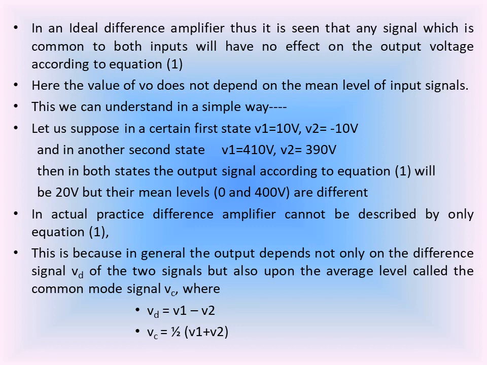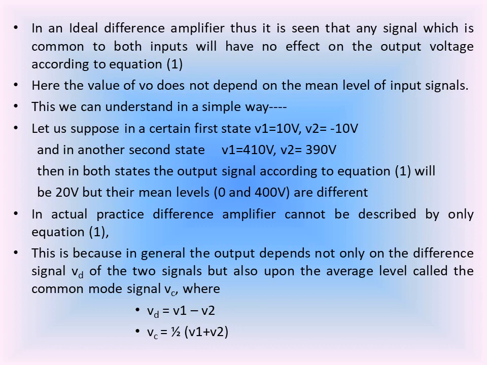Then in both states, the output signal according to equation 1 will be 20 volts, but the mean levels are completely different. In the first case it is 0 and in the second case it is 400 volts. So ideally it doesn't matter, but in actual practice a differential amplifier cannot be described only by this equation.